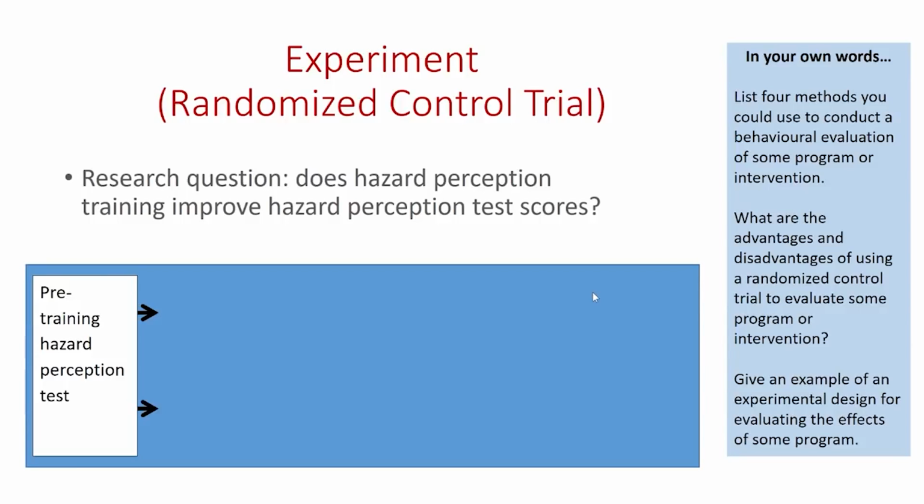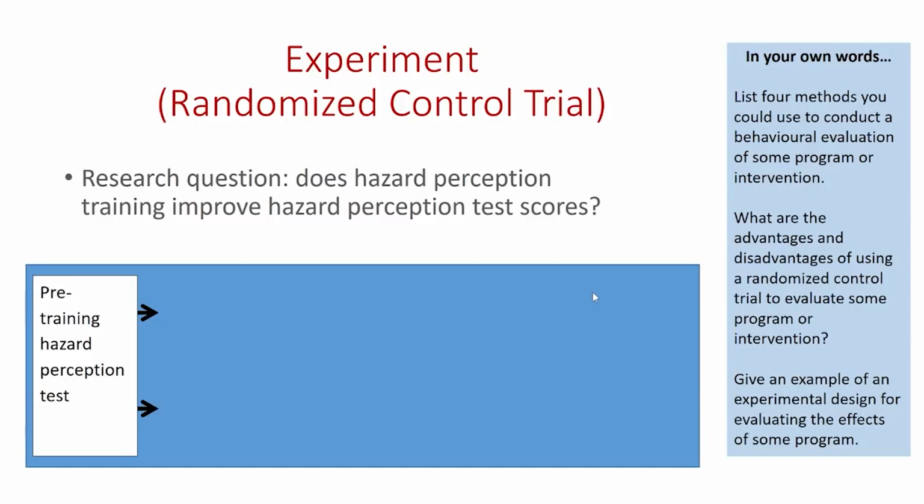So this test involves, if you weren't familiar with this, I will show you some examples during the course. Typically it involves drivers watching videos of real driving, filmed from the driver's point of view, and they have to click on any road users that might be involved in a traffic conflict, a situation with the camera car where the camera car has to take evasive action to avoid a collision.